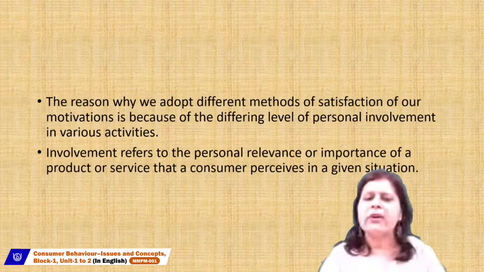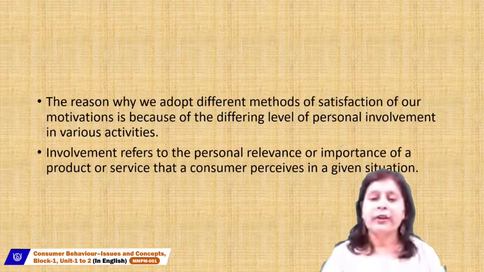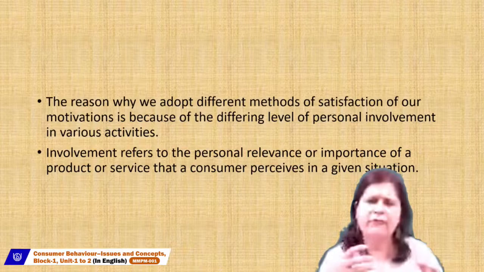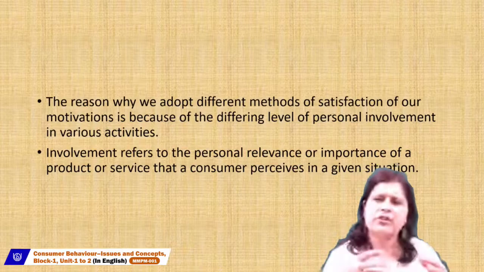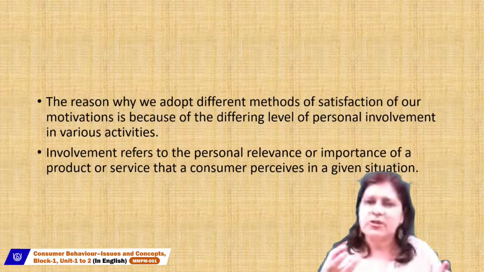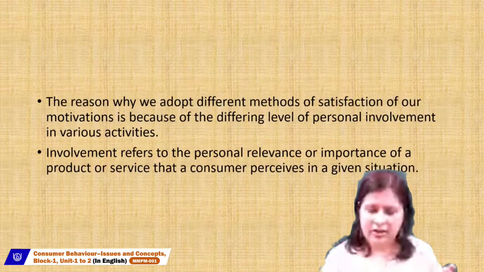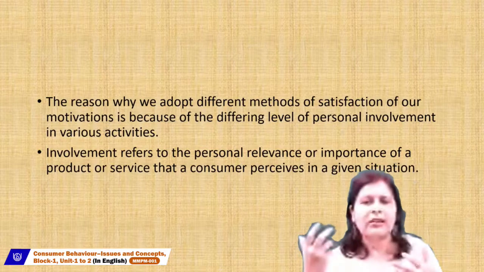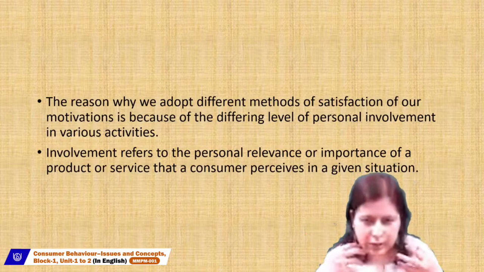The reason why we adopt different methods of satisfaction for our motivation is because of different levels of personal involvement in various activities. We all have certain physiological and psychological needs, and we have motivation to fulfill them, and we fulfill them in different ways.